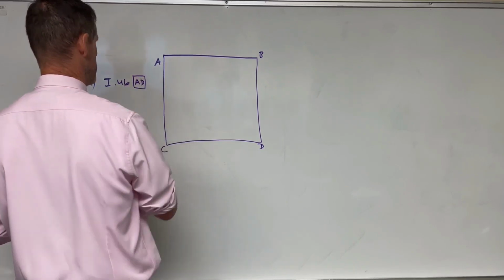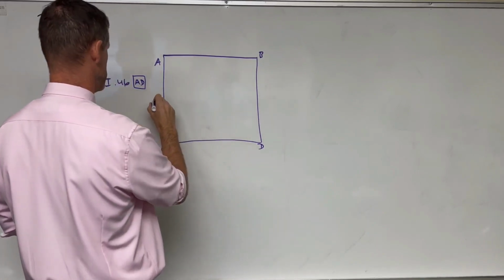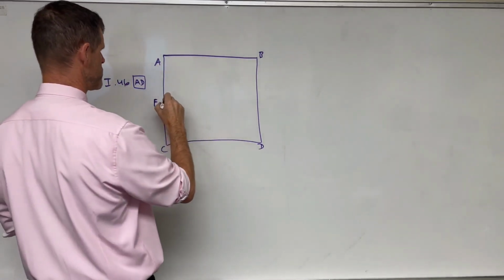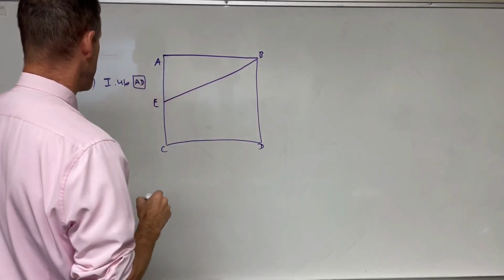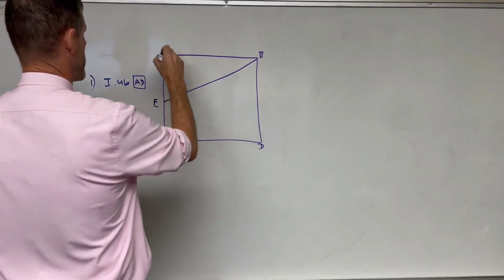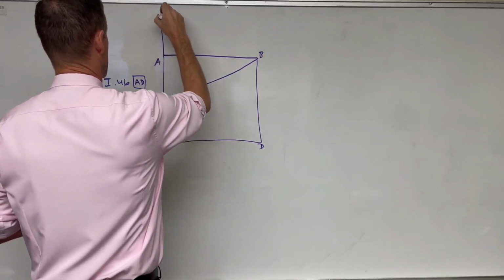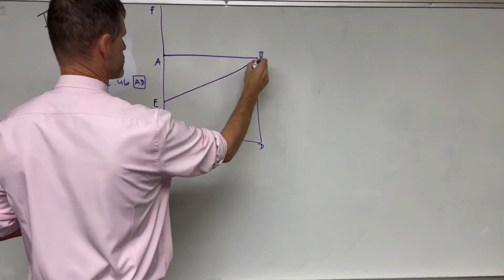And then he bisects AC at E, and he joins E to B, and then he continues line CA in such a way that, we'll say up to F, that FE is equal to EB.